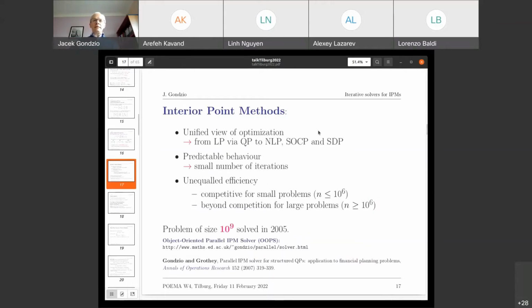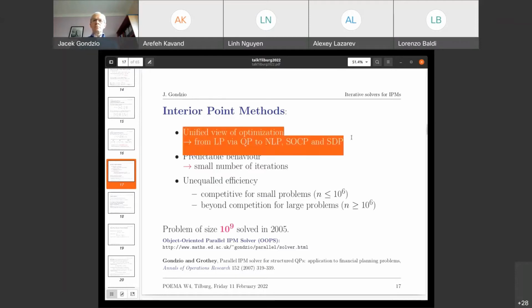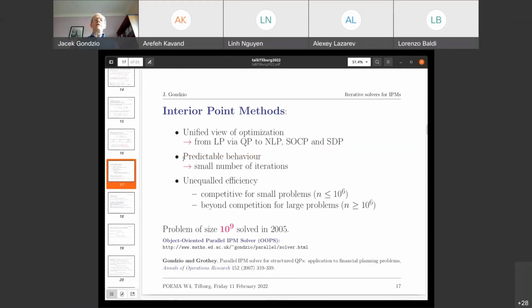Well, let me wrap up this intro to interior point methods. What they deliver is a unified view of optimization, which goes through different classes of optimization problems. They have predictable behavior. Amazingly, they always solve the problem in a very small number of iterations. They have unequal efficiency.